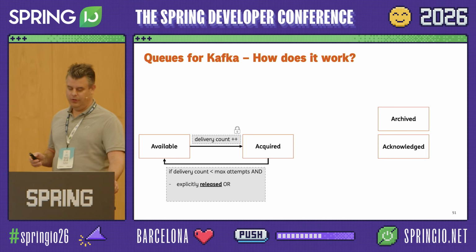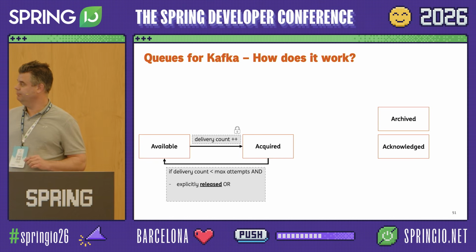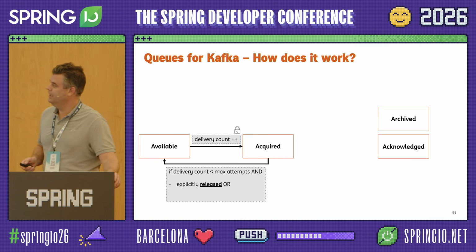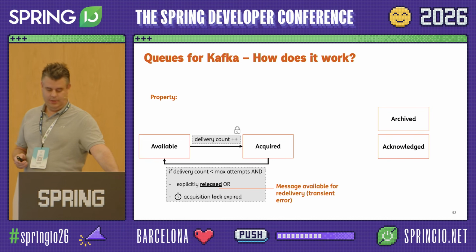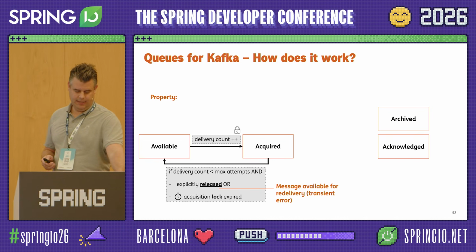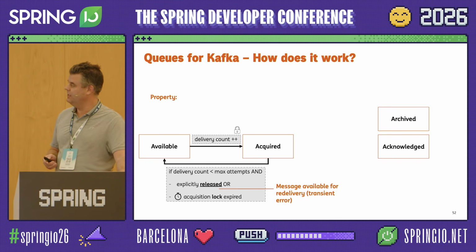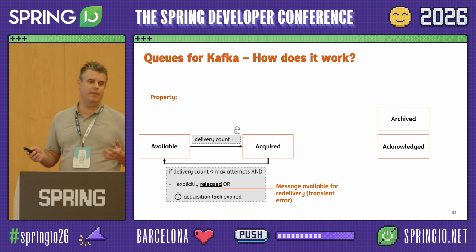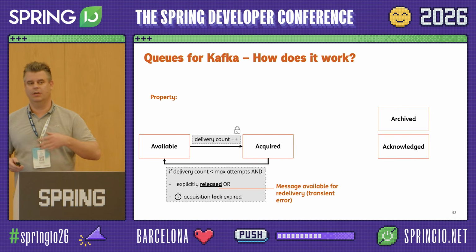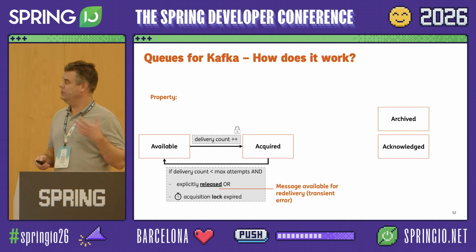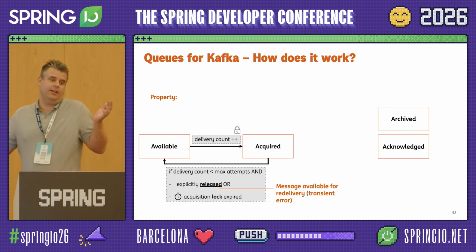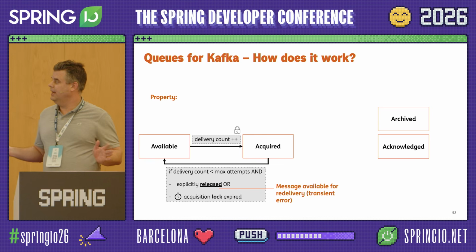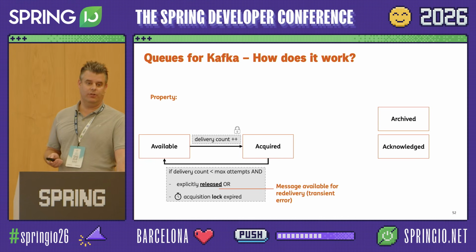If we then take a quick look at the failure scenarios, we can also mark a message for redelivery. So maybe you are calling a downstream service which is not available, so it's a transient failure, and it will say basically to the broker, hey, I cannot handle this message now, try again later on.